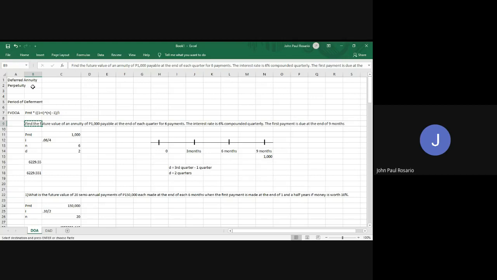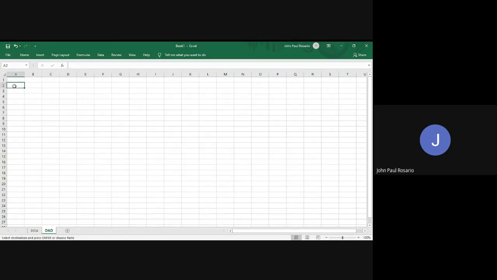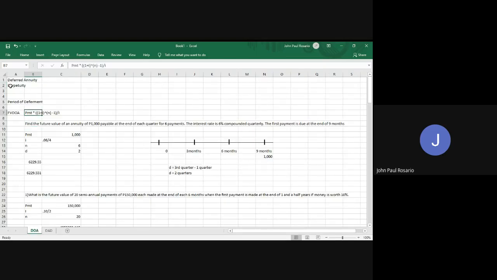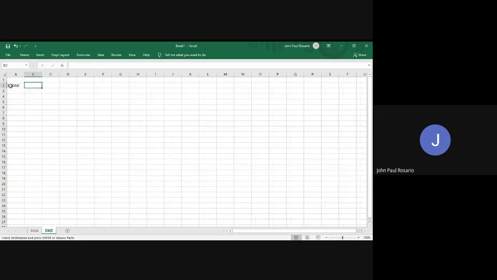So same gapon siya, no? For our future value of deferred annuity due, yung formula is same lang gapon siya sa formula ni annuity due. So meaning, from this formula, add ka lang ng multiplied by 1 plus i.